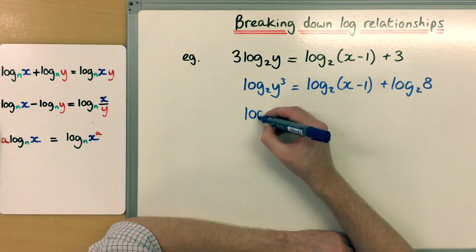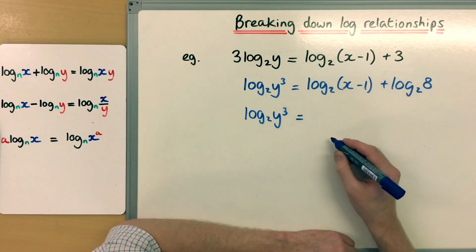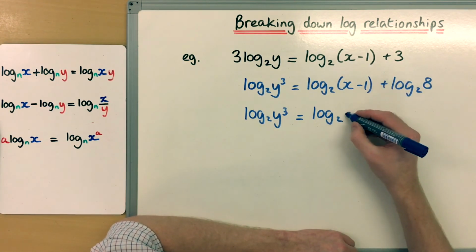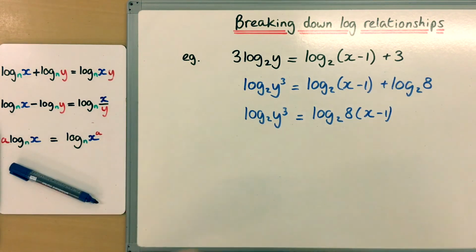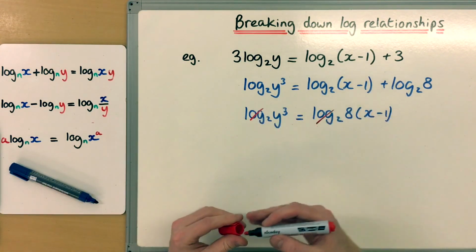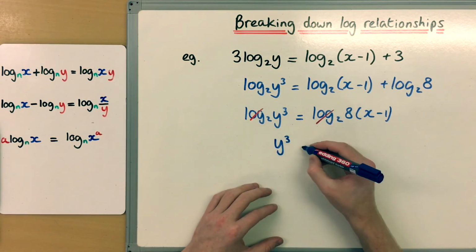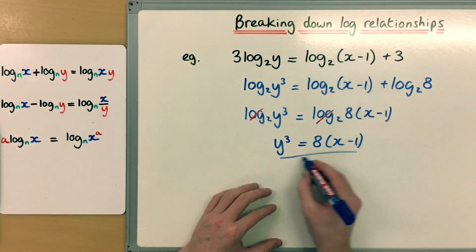Log to the base 2 of y cubed is equal to log to the base 2 of 8 times x minus 1. And finally, I can cancel the logs here, they cancel out, and leave me with y cubed equals 8 brackets x minus 1. Final answer there.